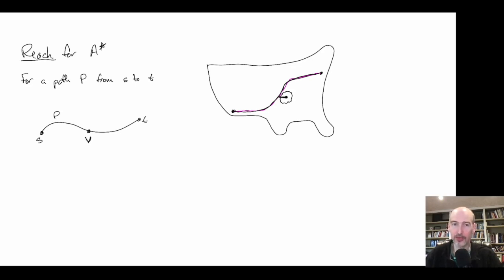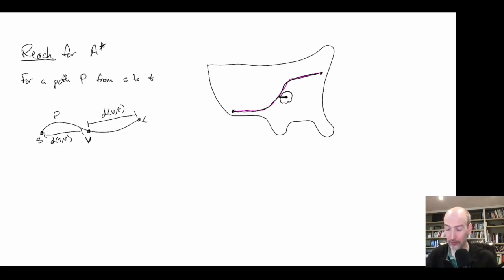And so the reach that we're thinking about is a picture of what can happen here. And so for one particular path, what we're saying, well, look, this is the distance. I have the distance to go from V to T. And I also have the distance from S to V. We can do this in both a directed and undirected way. And so this is written in a directed way from S to V and from V to T. We could also think about these distances, as I said, in an undirected manner. But so we're thinking about V. We're thinking about how far did it take to get from the start?